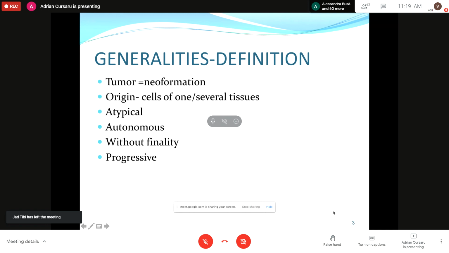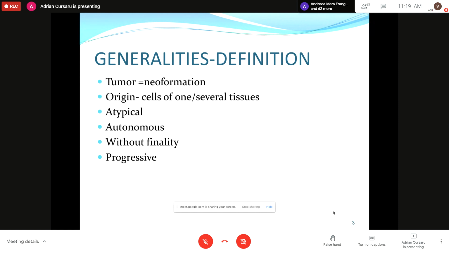What's a tumor? A tumor is a tissue of new formation, and this is very important. The type of tumor is in concordance with the origin cells of one or several tissues; it depends on the type of the tumor. The appearance of these tumors is atypical.